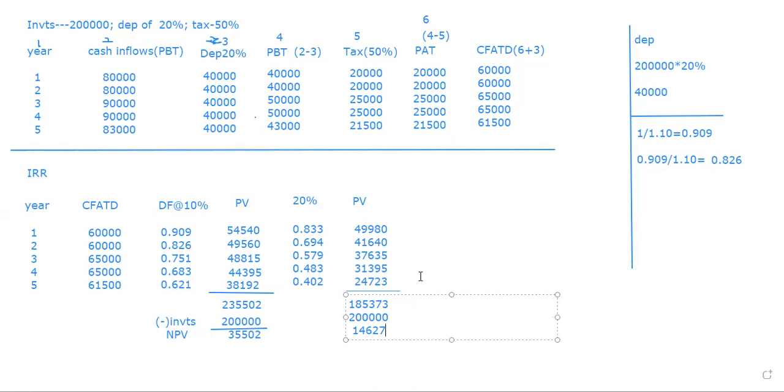Yeah, and this is what we got, a negative figure. We got a negative. So that means we can solve easily with our values. I got a negative figure. Now I can apply my IRR.